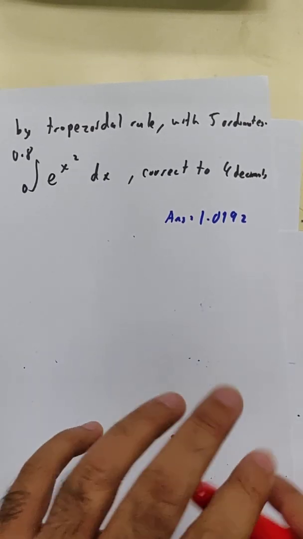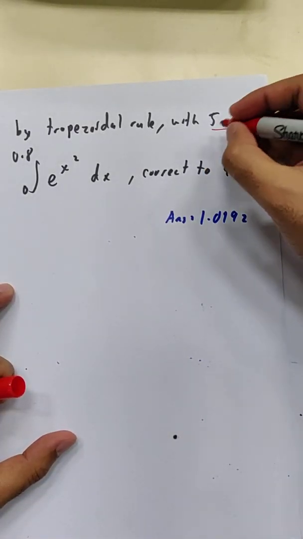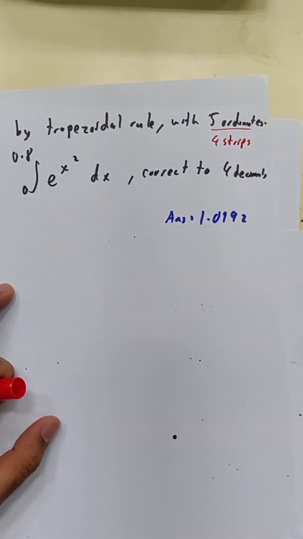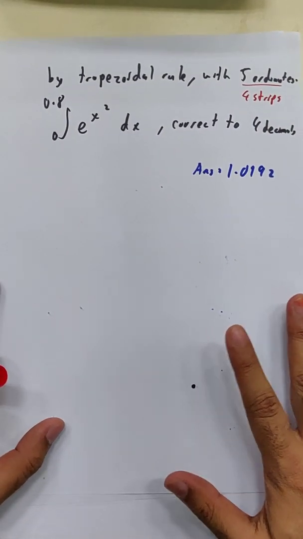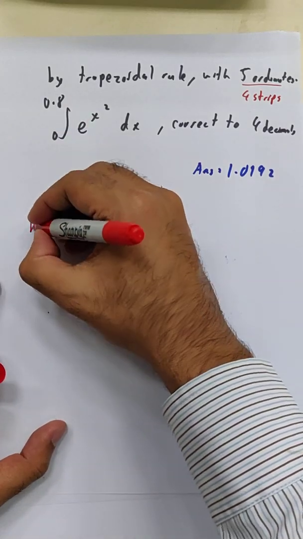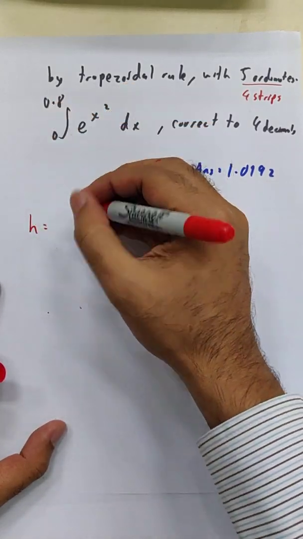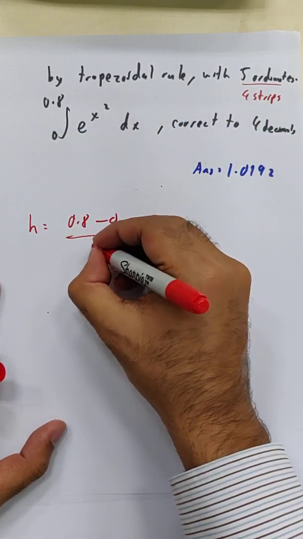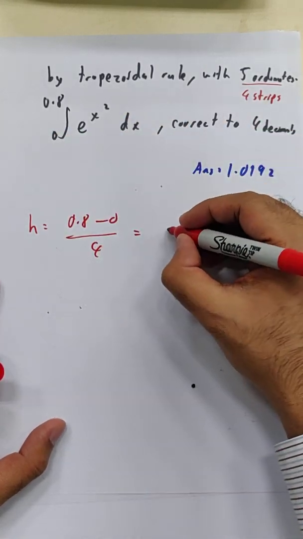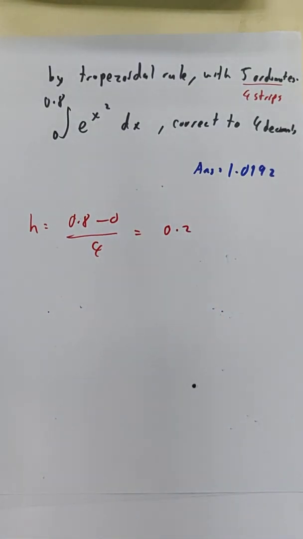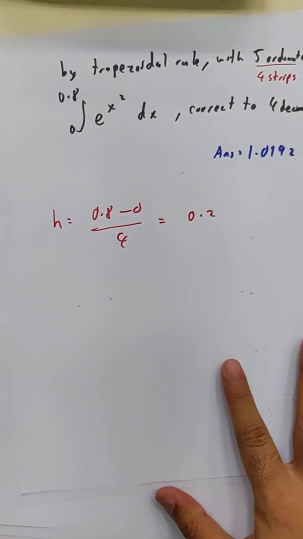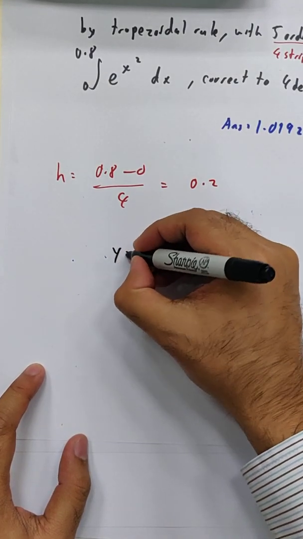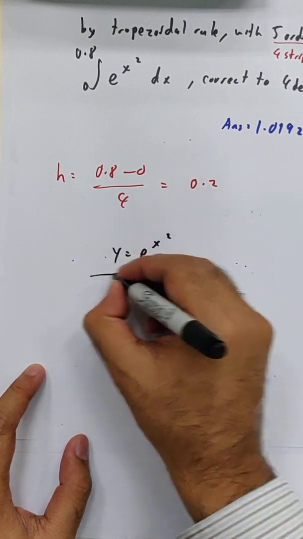Okay, don't forget, 5 ordinates means 4 strips. That means your h should be 0.8 minus 0 over 4, give you 0.2. So from there, I will write down the equation y equals to e to the x squared.